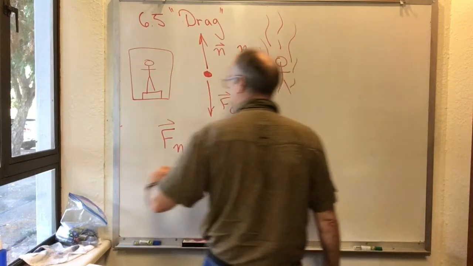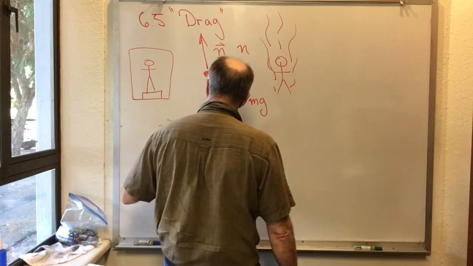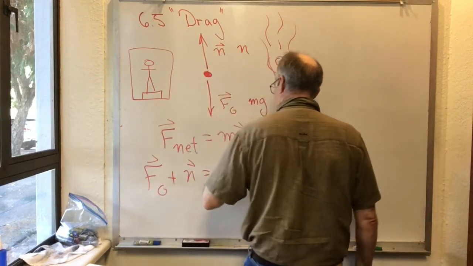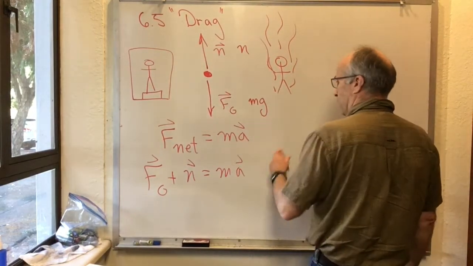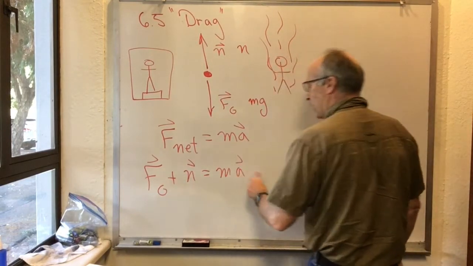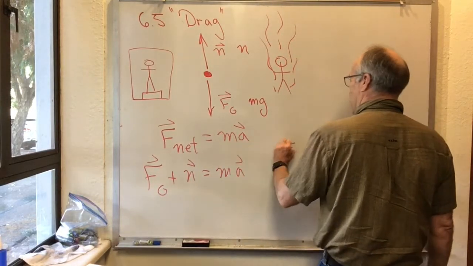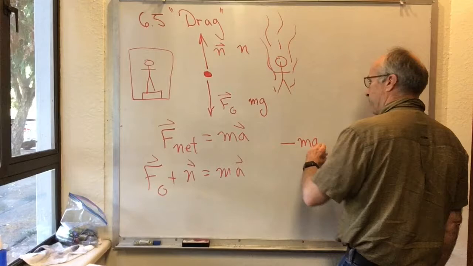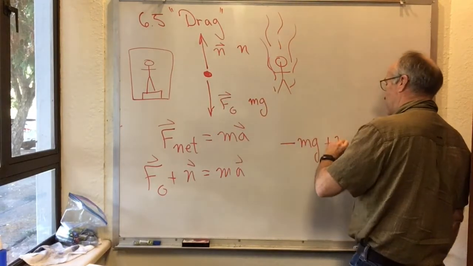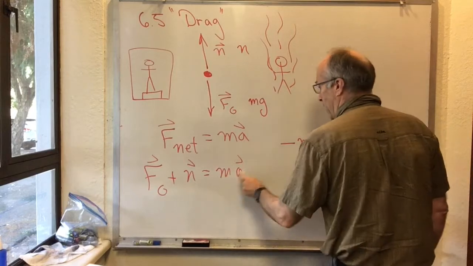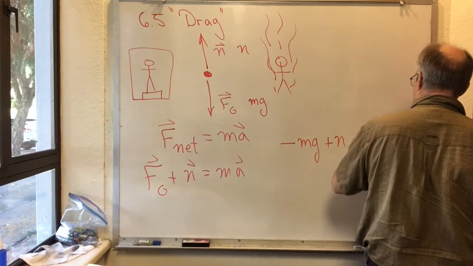In this case, there's two forces, so that's Fg plus N is equal to ma. But those forces only go in the y direction. And what's the y component of this equation? Well, we've got Fg in the downward direction, so that's minus mg. We've got N in the upward direction, and its length is n, so that's plus n. And then on the right-hand side, the y component of ma is ma sub y.